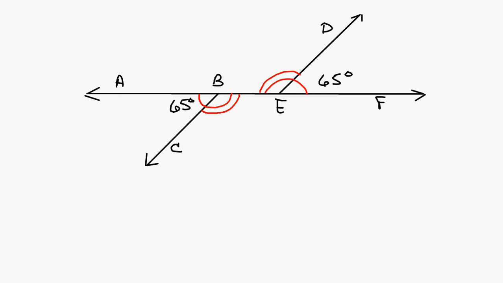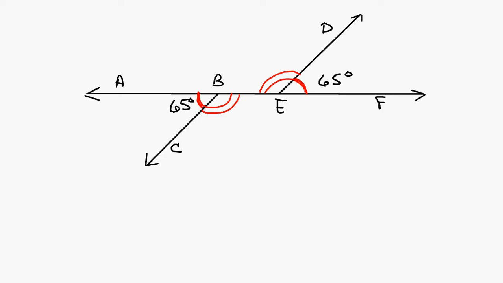All right, just as segments that have the same measure are congruent segments, angles that have the same measure are congruent angles. Do you see the red arc marks? Okay, here's how that works. Any angle that has one arc mark is congruent to all other angles that have one arc mark.